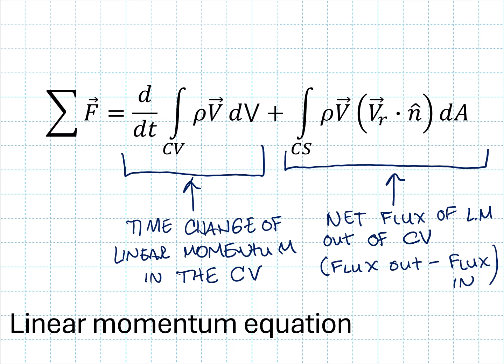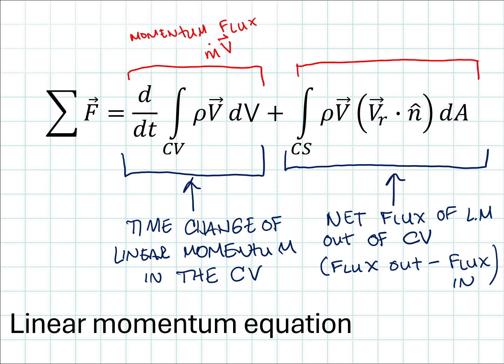And both of these terms are going to have units of momentum flux. Right, so up here, this is momentum flux, a mass flux rate multiplied by a velocity. And then this term is also momentum flux.